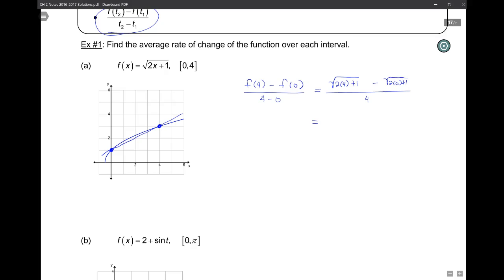So we have square root of 9, which is 3, minus 1, so we get 1/2. Is that the same slope if we compare those 2 points? Yeah. If we go up 2 and to the right 4, that does confirm that that's the average rate of change.